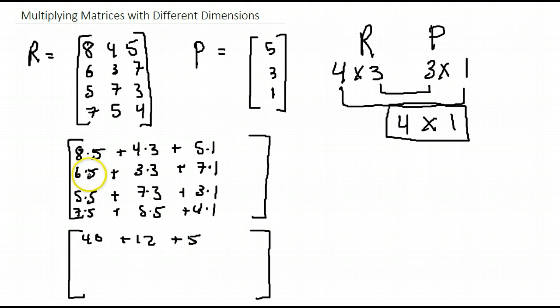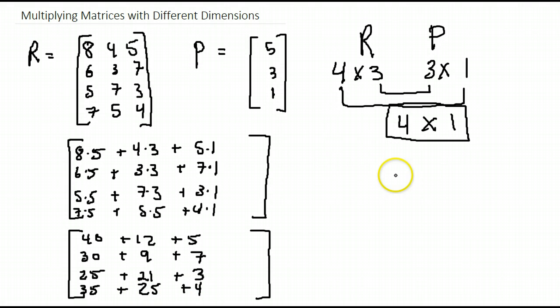The second one, 6 times 5 is 30, plus 3 times 3 is 9, plus 7 times 1 is 7. The third row, 5 times 5 is 25, plus 21, plus 3. And the last row is 7 times 5, which is 35, plus 25, plus 4.